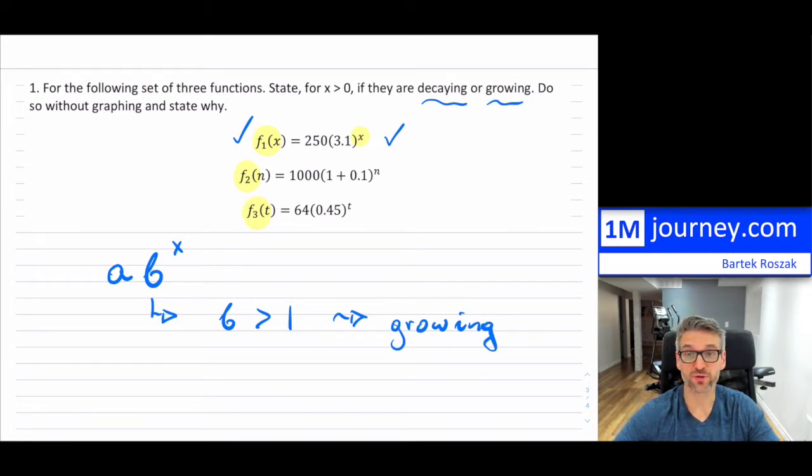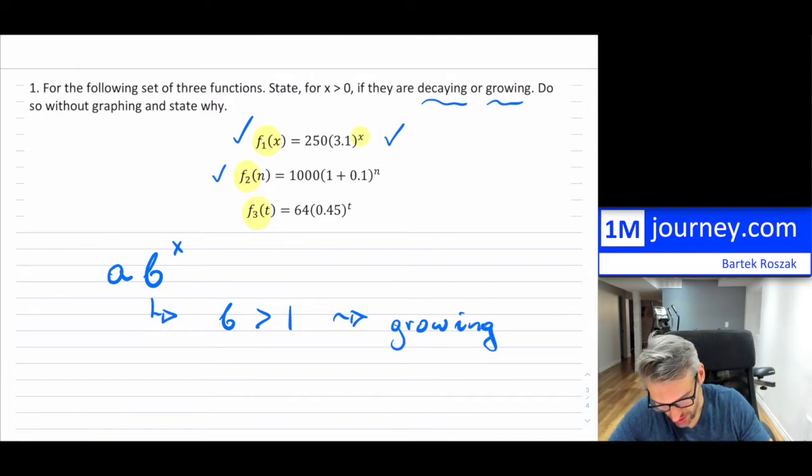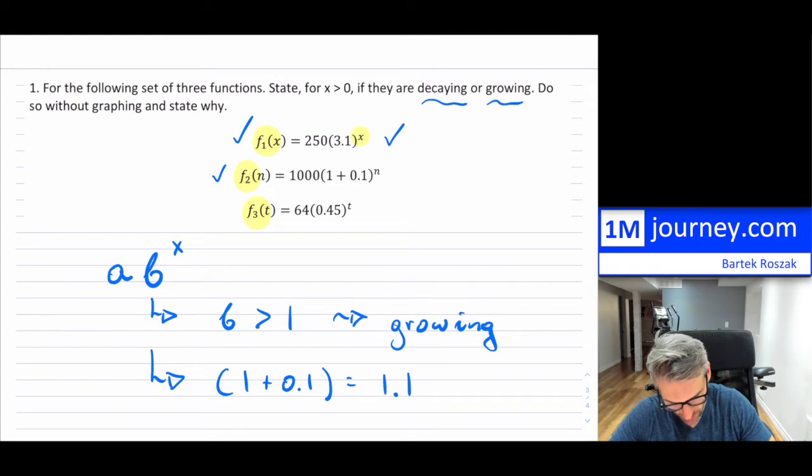Now f2, if I take a look at that one right here, notice once again, for this case, our b, which is 1 plus 0.1, which really is just 1.1, again is greater than 1. So for that second function, this one is also growing.